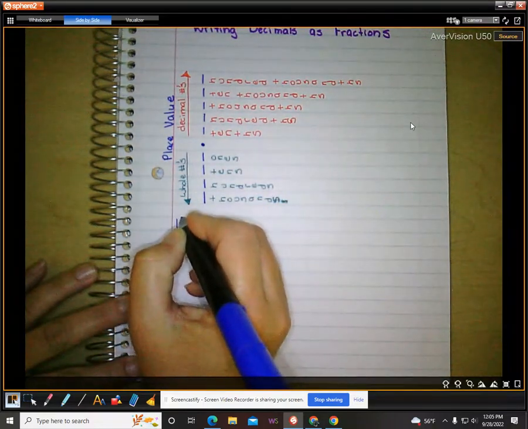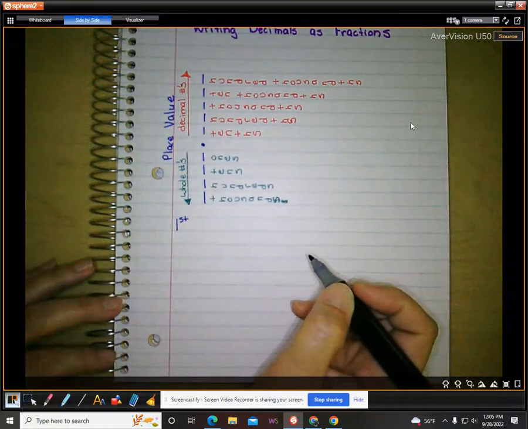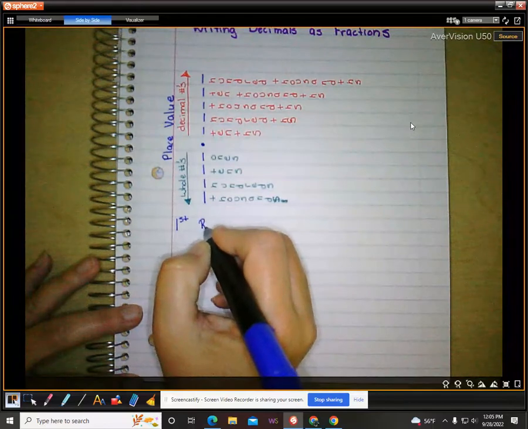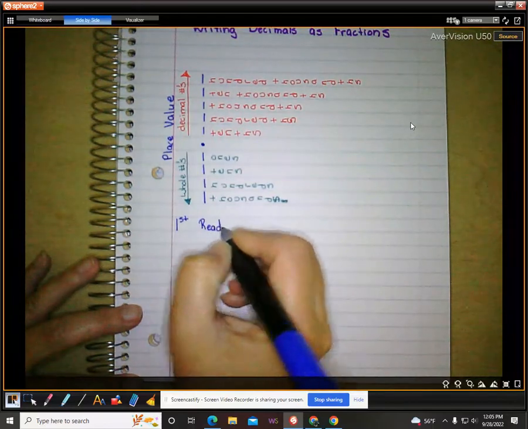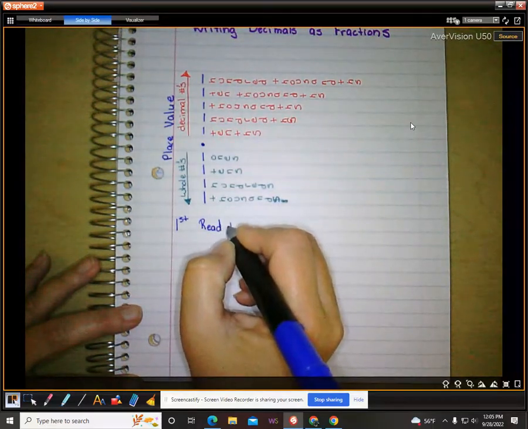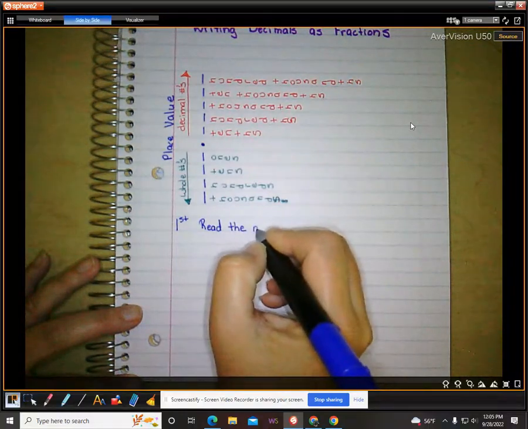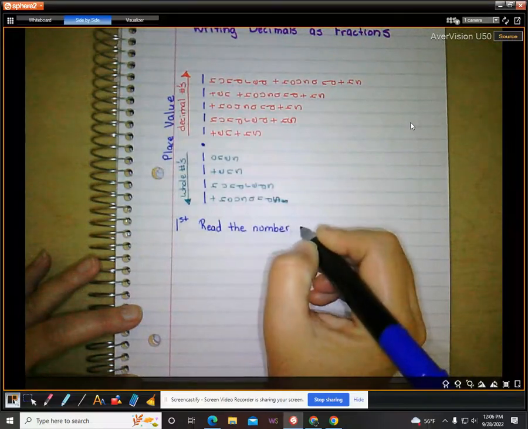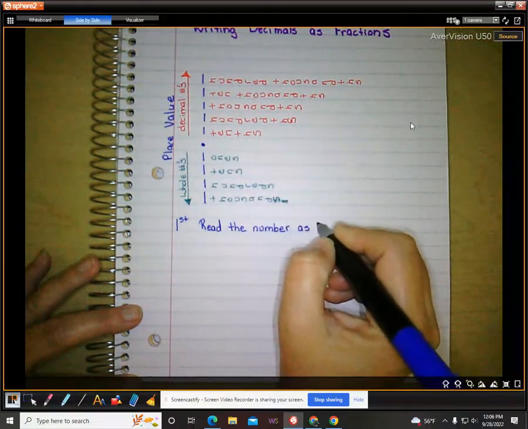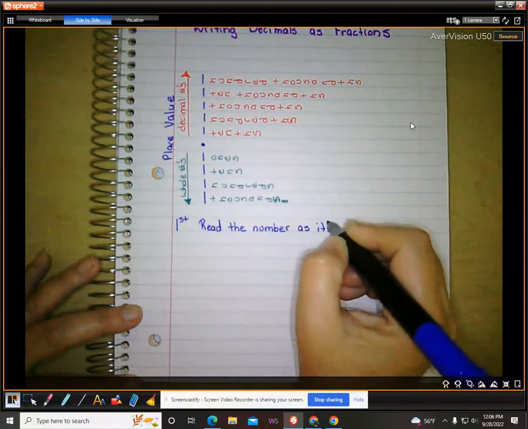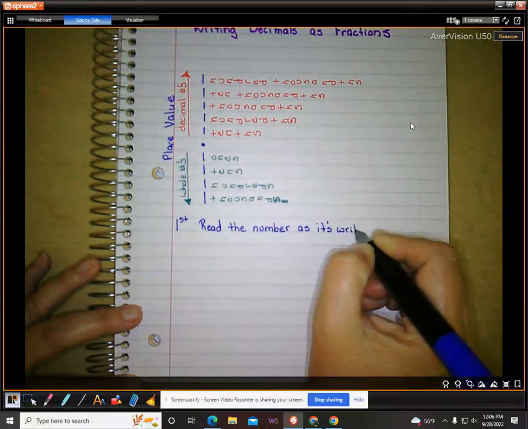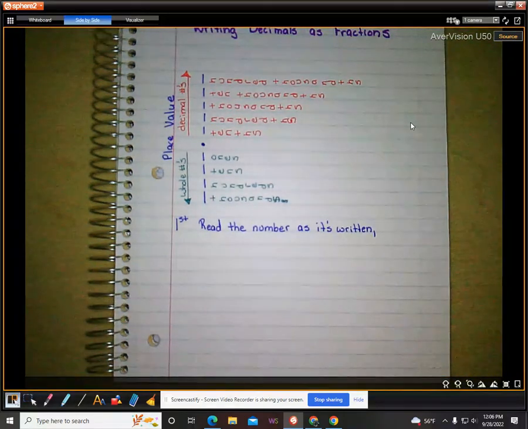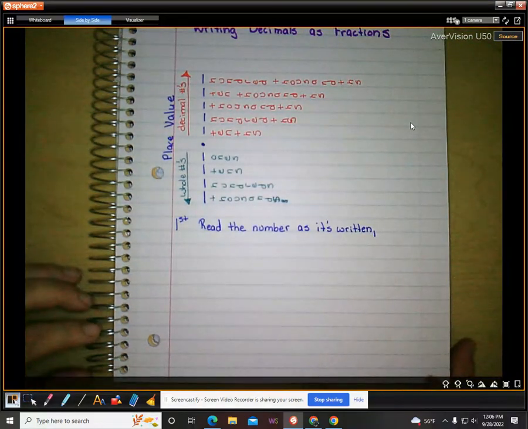Very first thing you need to do is read the number as it's written. And we'll do examples, so don't worry if the word explanation doesn't make a ton of sense yet. It will.